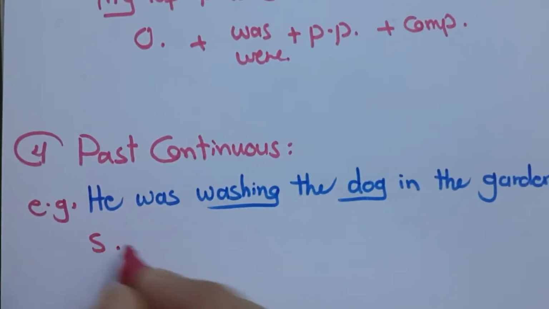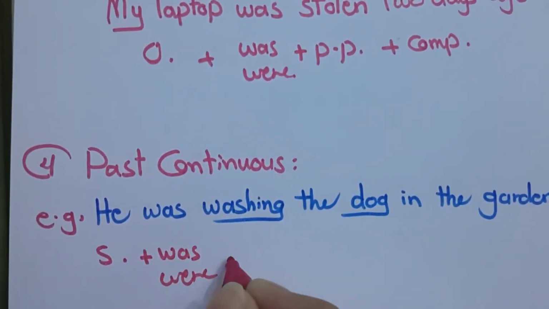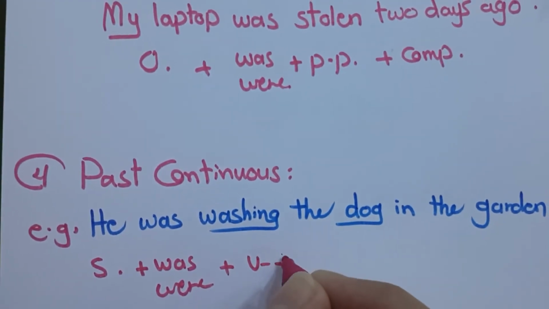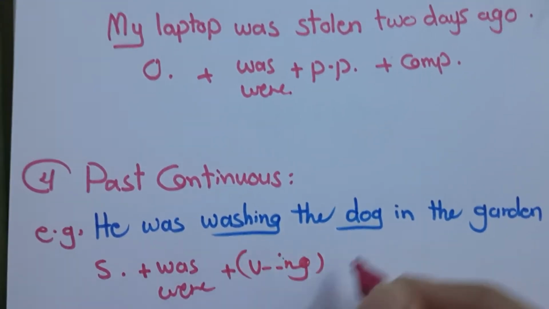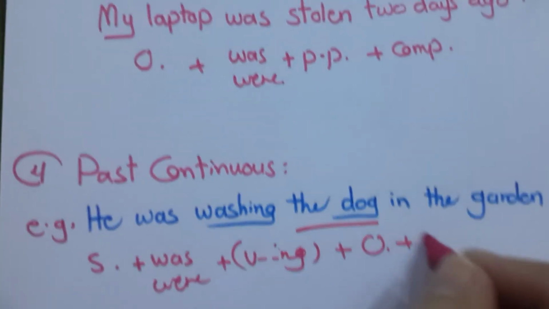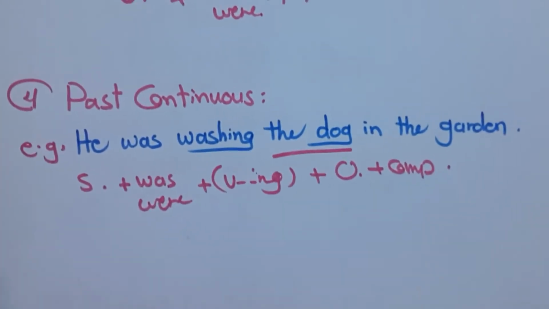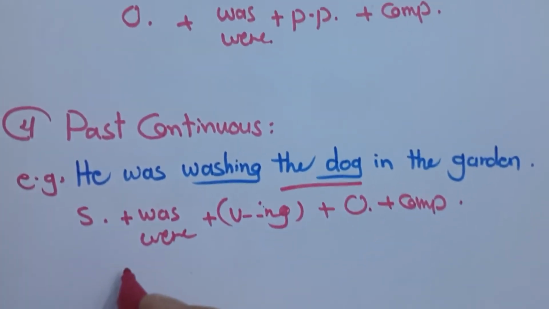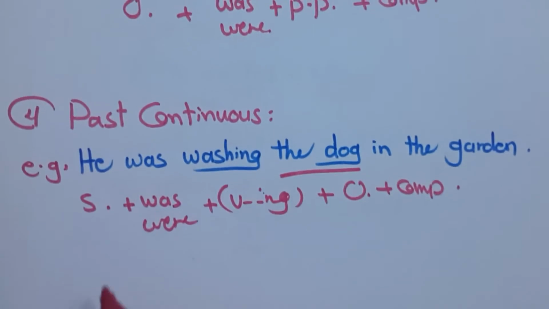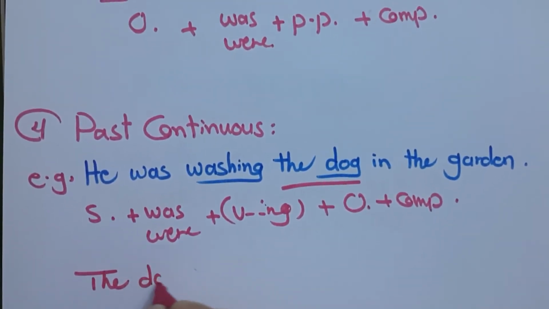We have a subject, was or were, then a verb with the ing participle, then an object, the dog, and then a complement. Now let's make it a passive sentence. Where is the object? The dog. Put it at the first position of the sentence.